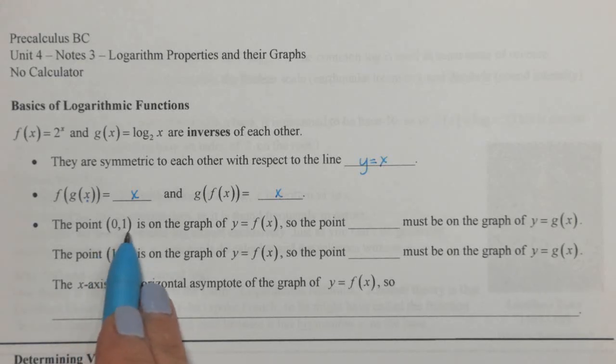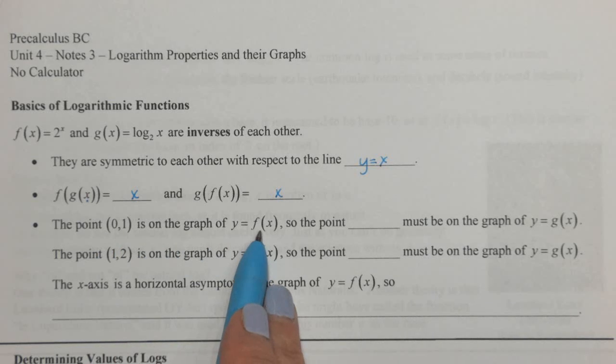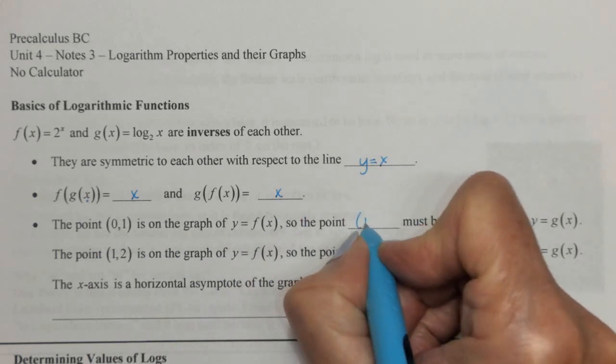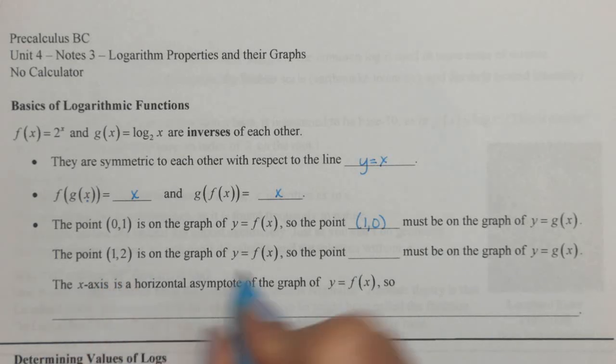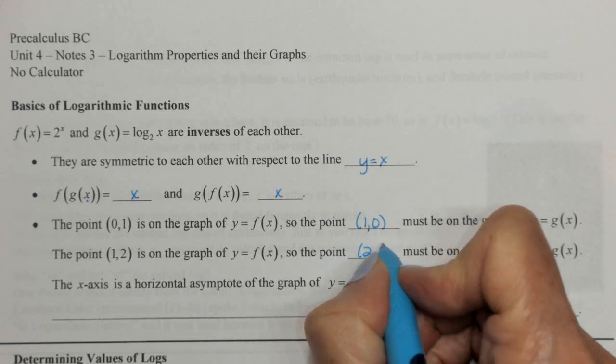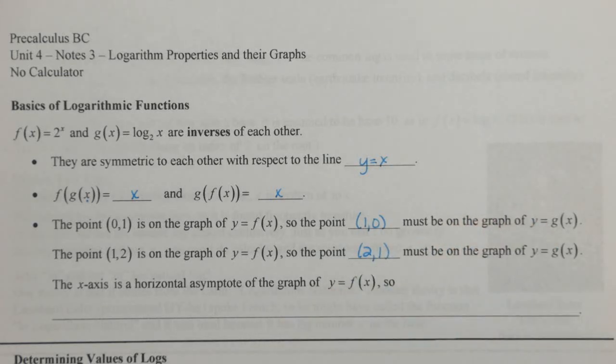If the point (0, 1) is on f, then the point (1, 0) must be on its inverse. If the point (1, 2) is on f, then the point (2, 1) must be on the inverse.